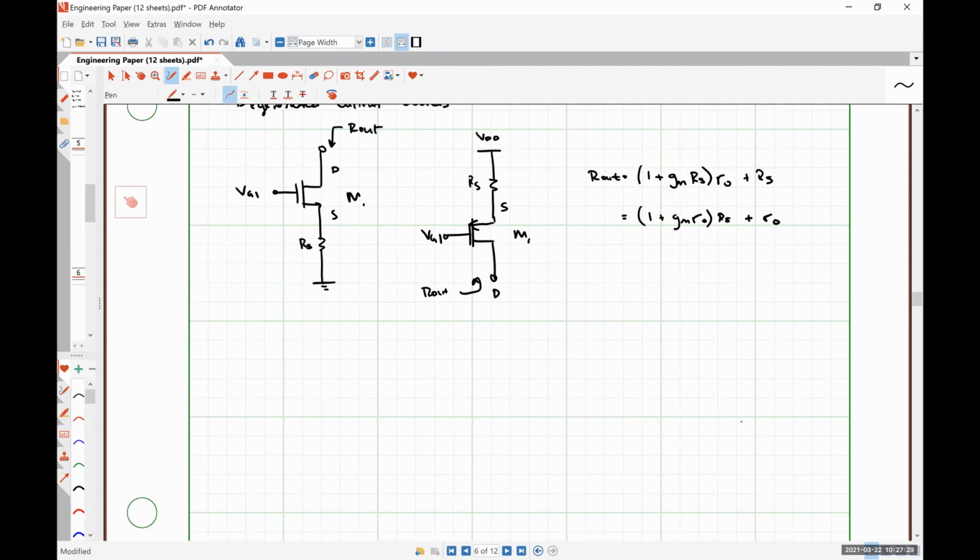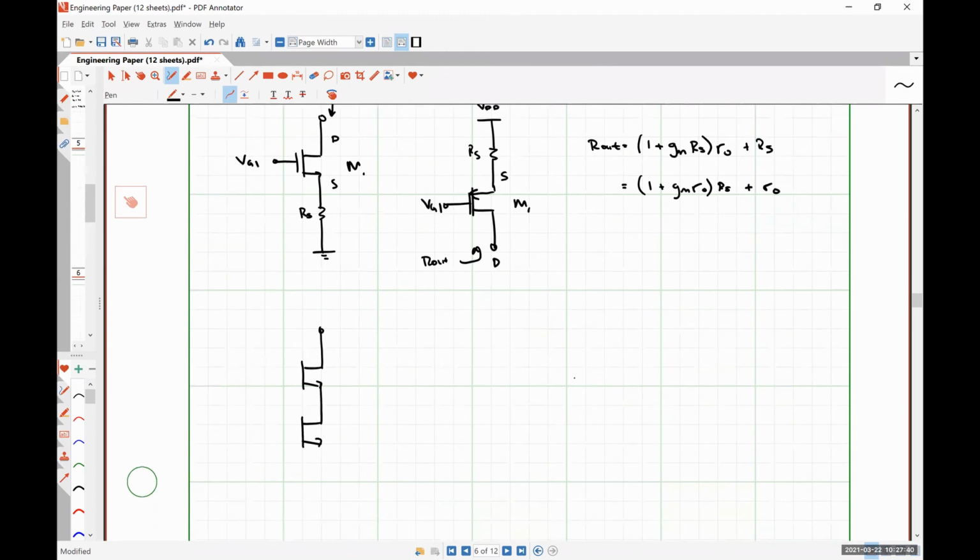So that would look like this, where we have our NMOS transistor being degenerated by another NMOS transistor. This is M1, so that's our cascode transistor. This is M2, so that's our degeneration transistor. Here's our output. And this guy looks like this.